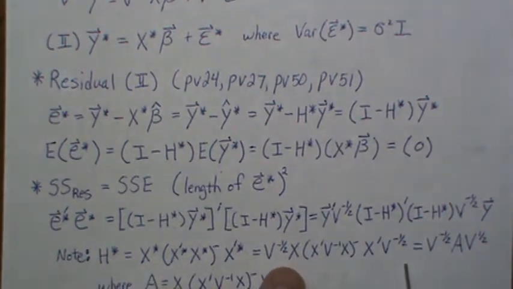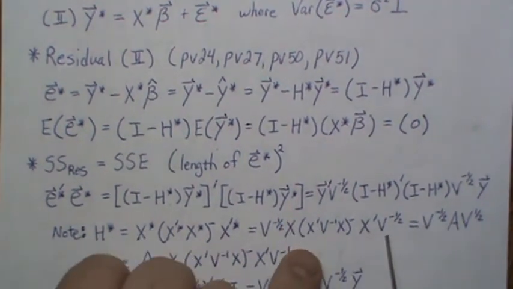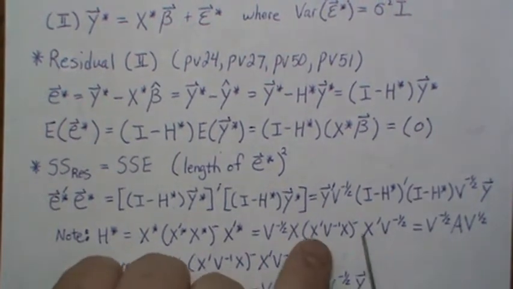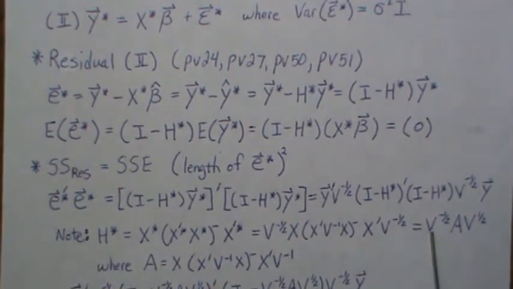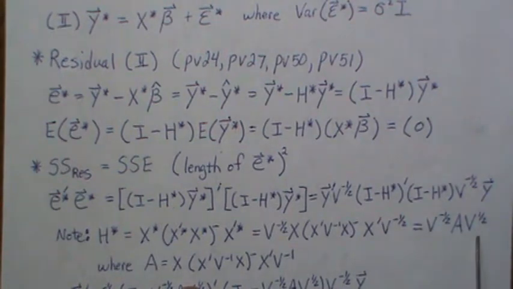So we put that in and we get this, and then this simplifies to that. Now if we look at what we know about the hat matrix in the weighted least squares regression setting, which is this, this is exactly v to the minus 1/2 A v to the 1/2.